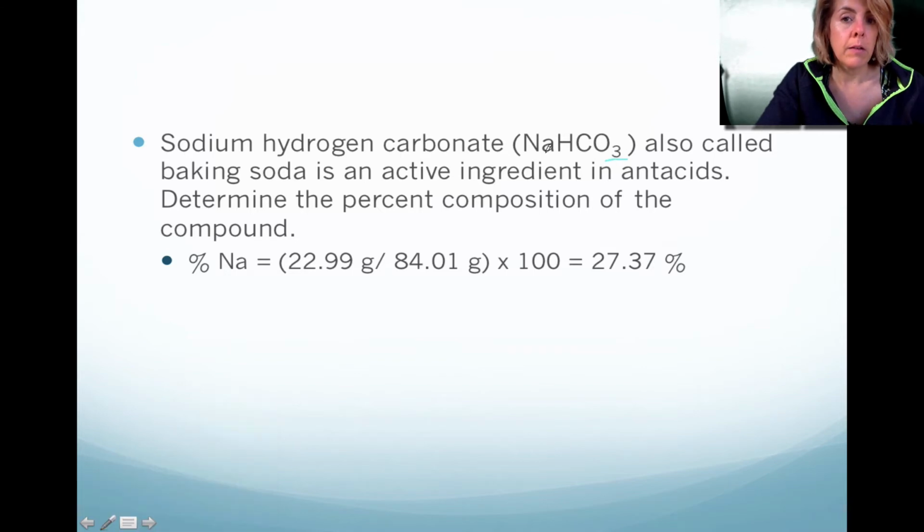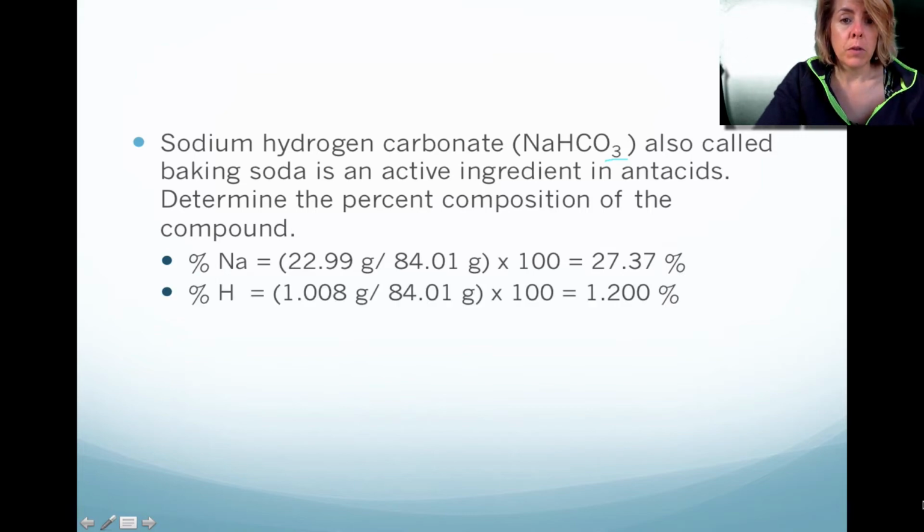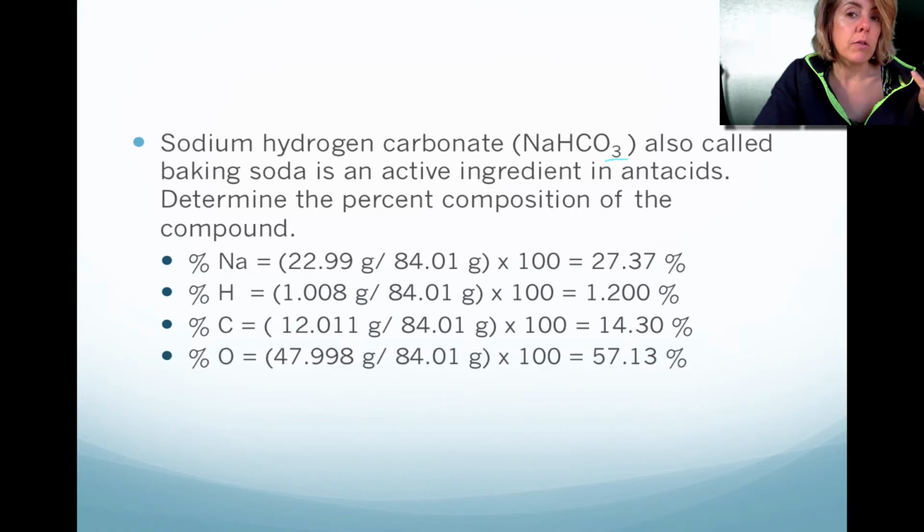Now sodium has a 1 here along with hydrogen and carbon, so you're not going to be multiplying the individual masses by a number until you get to oxygen. So here's hydrogen, carbon, but notice oxygen, you can't just put 16 grams. You have to multiply it by 3 and you get 47.998 grams divided by the molar mass of the compound. Now if you take all of these numbers and add them up, you should get 100%.